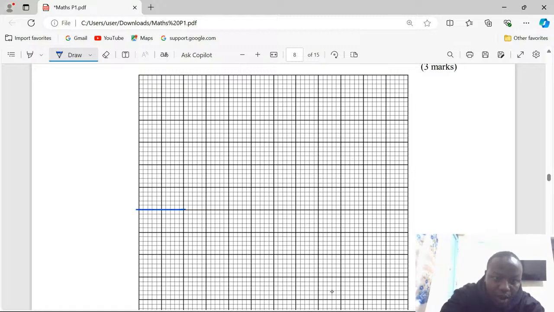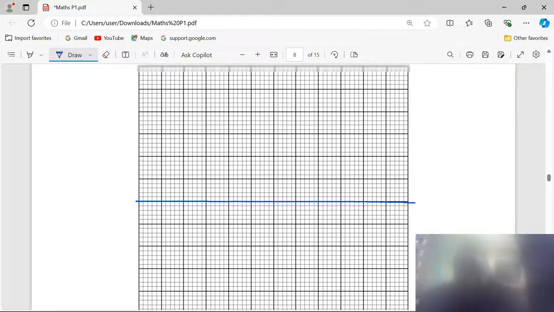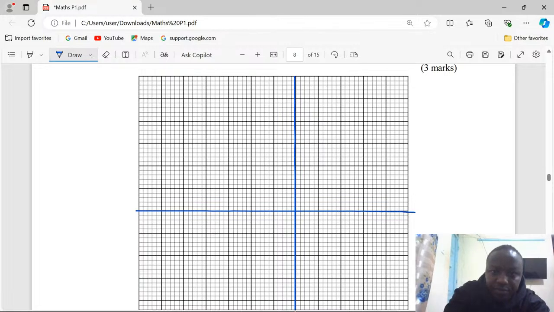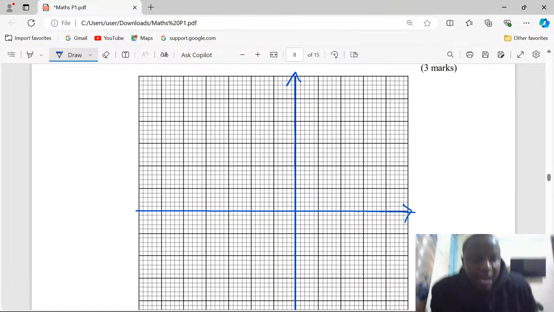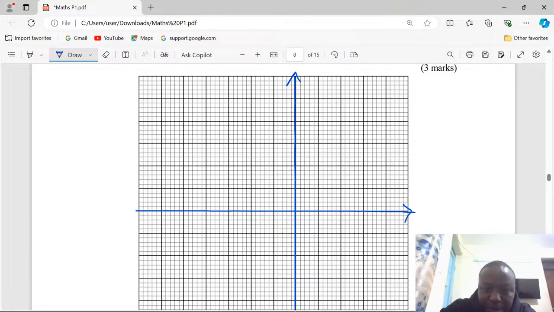So we can do our Cartesian plane, x-axis, then the y-axis. You don't have to indicate that they are the y-axis and the x-axis. That one is implied. So we can now label according to the scale which has been provided.